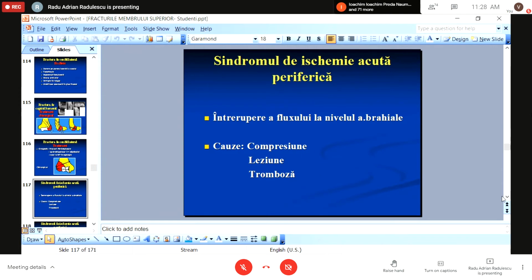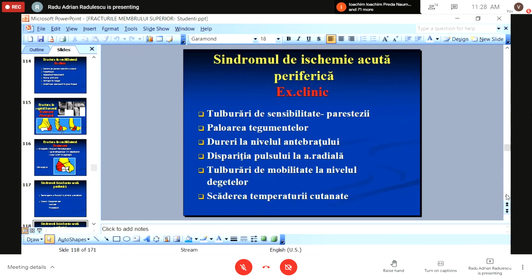So this complication in orthopedics is usually due to the hematoma, which occurs at the level of a fracture and accompanies the fracture. The signs of this syndrome are multiple, but I can tell you that the only sign that is useful in diagnosis will be the paresthesia.